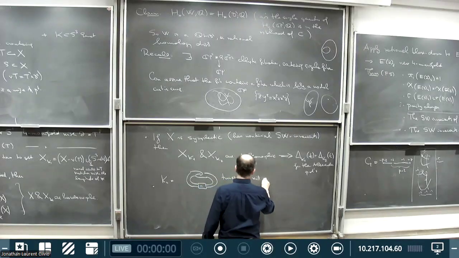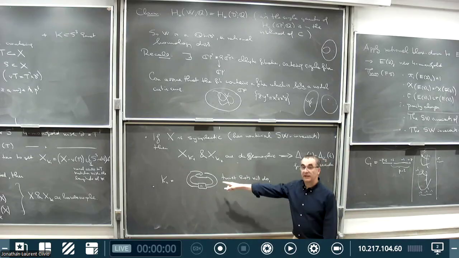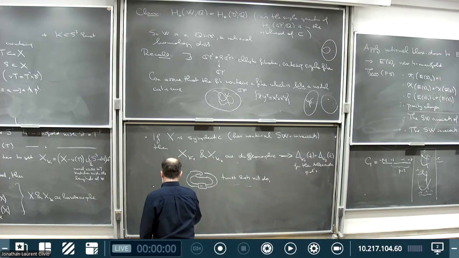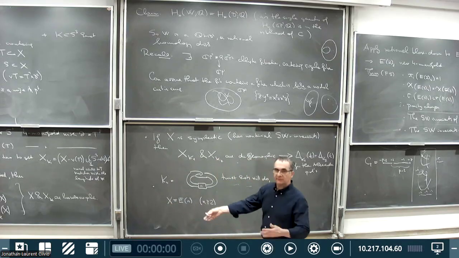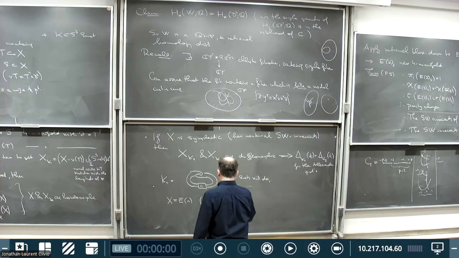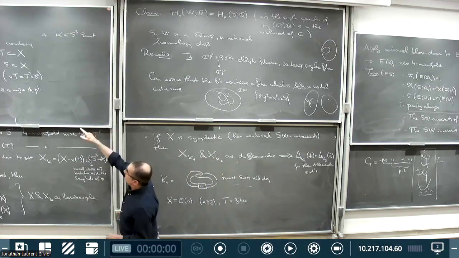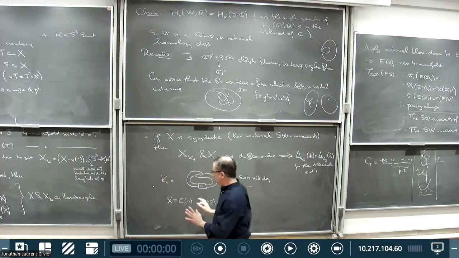And in fact, X can be chosen to be E_n. Again, n should be at least 2 for the Seiberg-Witten invariants to be defined, and T is a fiber. We have to check a little bit that there is this dual sphere, but this will be exactly a section of the fibration. So everything is fine.